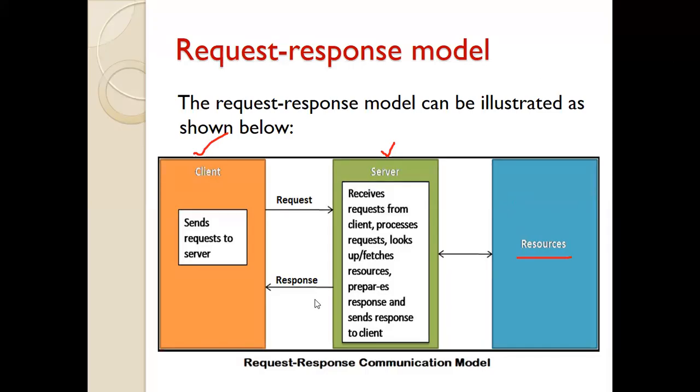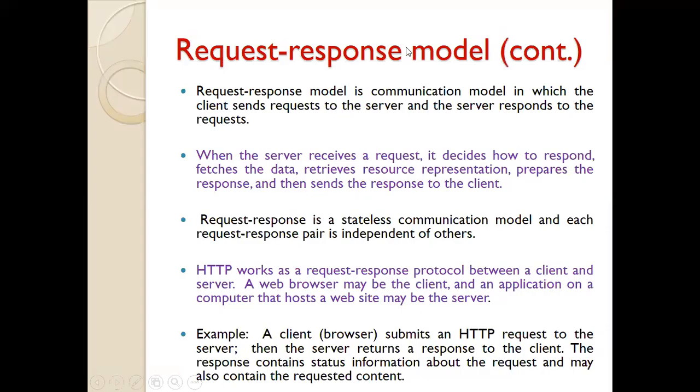So the popular protocol CoAP, Constrained Application Protocol, is based on this request response model only. Here you can see this request response model in detail. This is the communication model in which the client sends a request to the server and the server responds to the request.